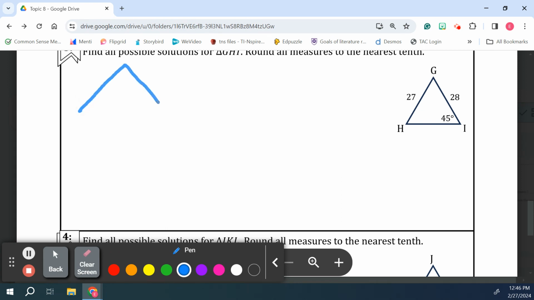I'm redrawing it again to make my life easier. So here's I. So here's 45 degrees. This is 27. Now the other angle I'm trying to find is H. I'm going to put that over here, and the opposite side is 28. And then what's left up here will still be G.